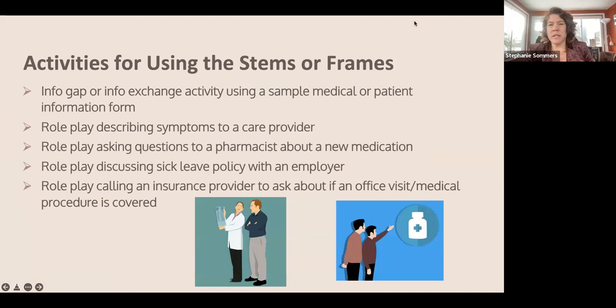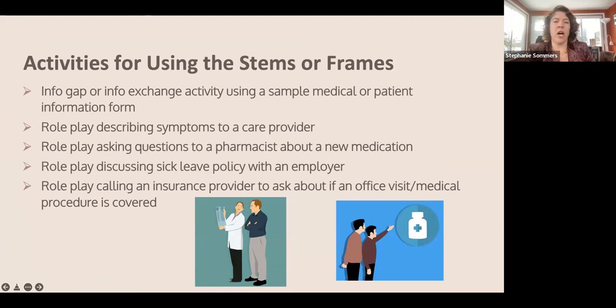When we're using the stems or frames, we might try an infogap activity to exchange information about a sample medical or patient information form, role play describing symptoms to a care provider, role play asking questions to a pharmacist about a new medication, role play discussing sick leave policy with an employer. And a lot of people mentioned this idea of the insurance.